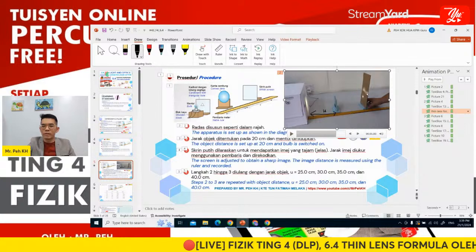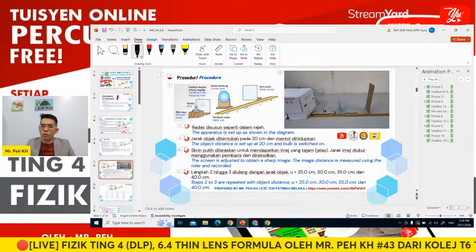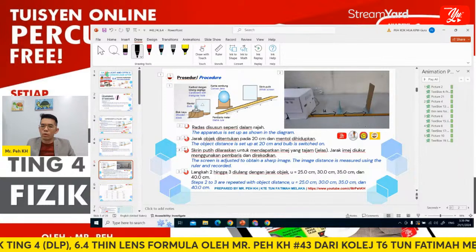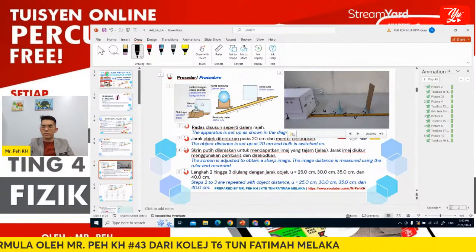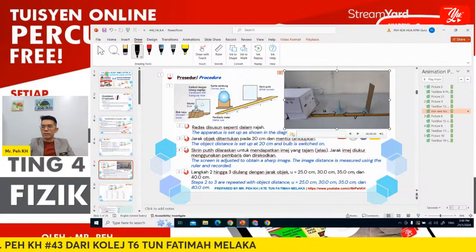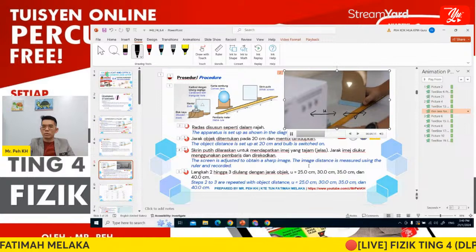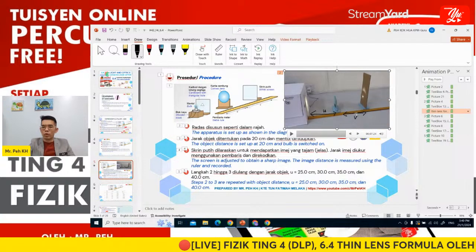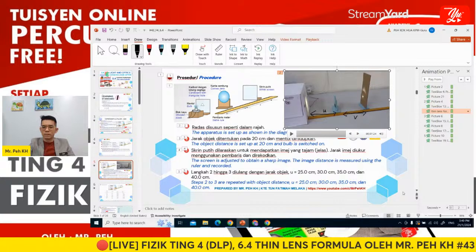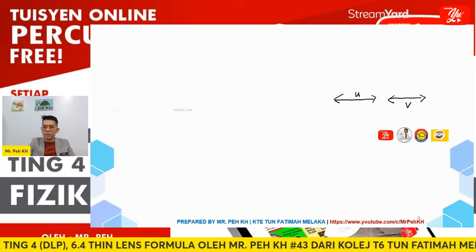Okay, so after that, you need to measure your V. You can look at the video again. It will be adjusted until the image is sharp, and then you may measure your V. Okay, understand?